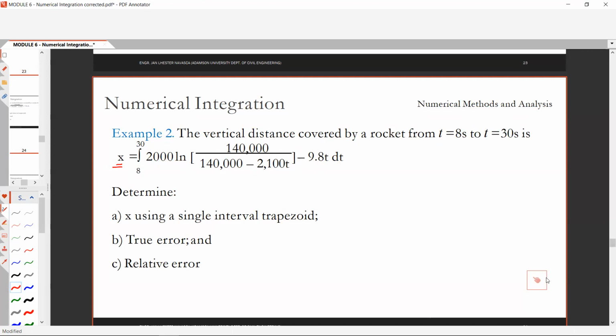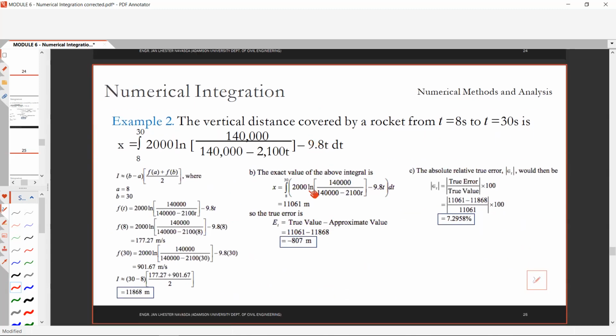Okay. So determine the value of x, which is the area under the curve, using a single interval trapezoid only. And number 2 is find the true error, and letter C is find the relative error. Okay. Sige.